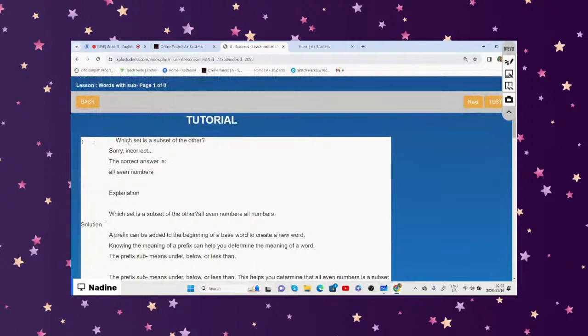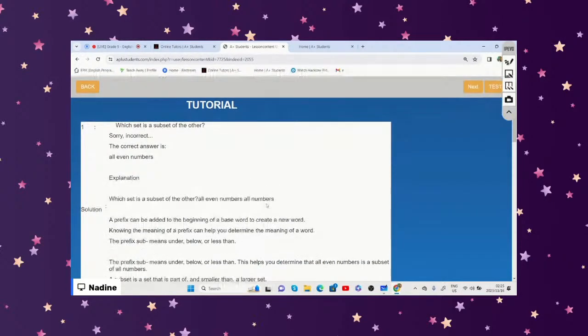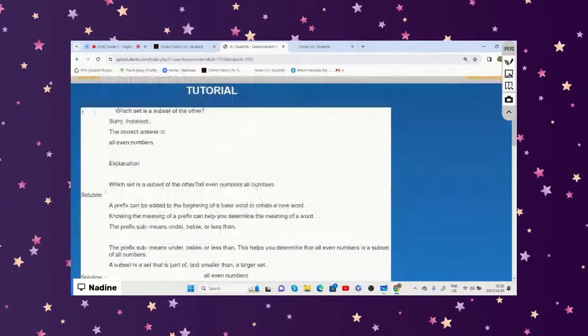So now here it says, which set is a subset of the other? So which set is a subset of the others?